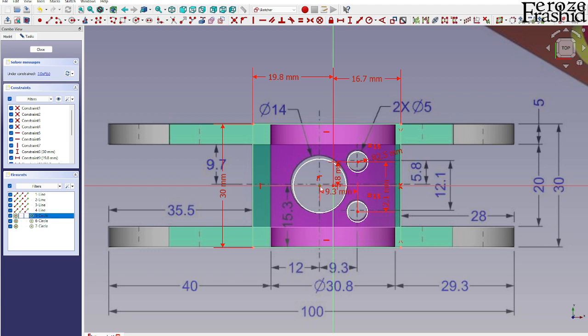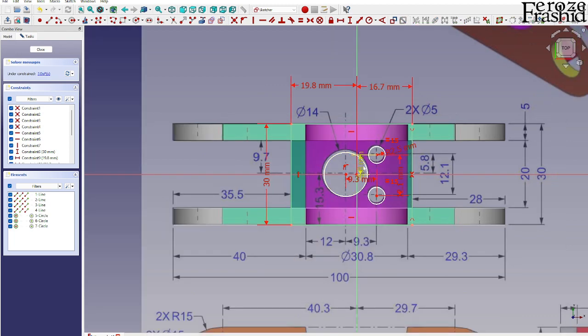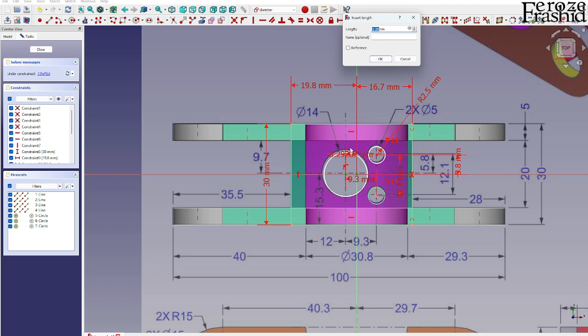Now this center is these dimensions. It's like I'm in an exam, and I have to draw and calculate at the same time.